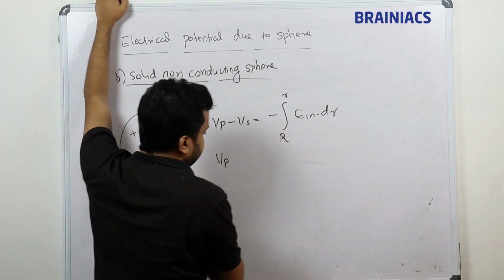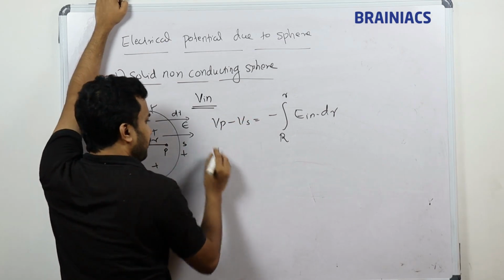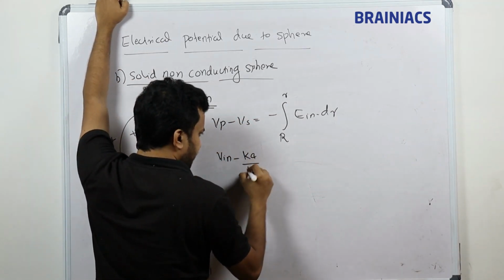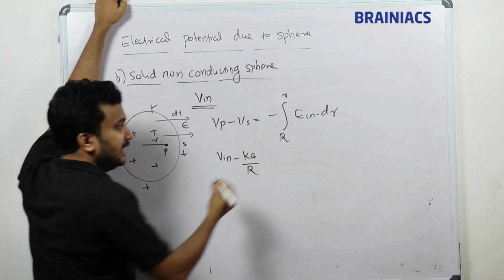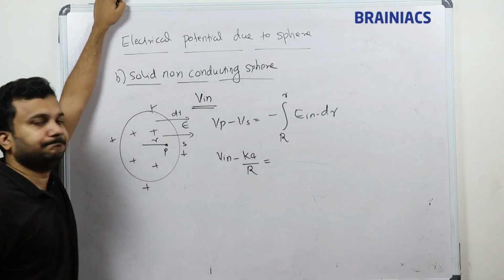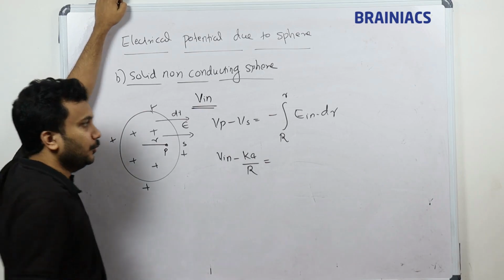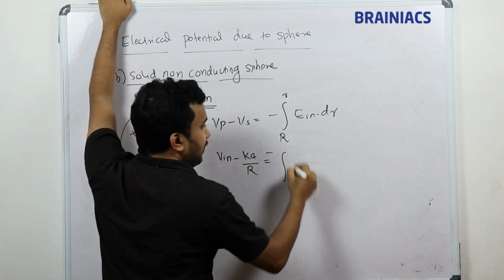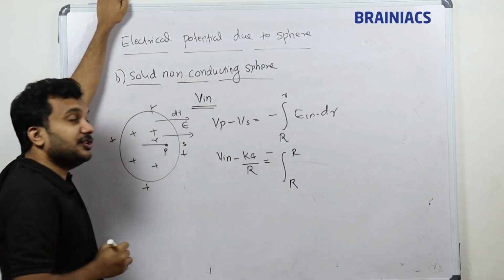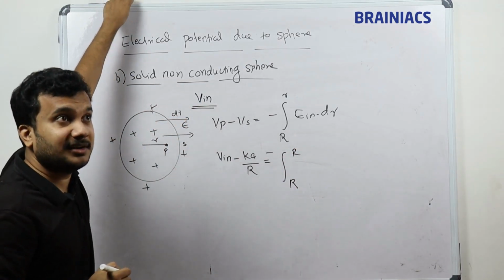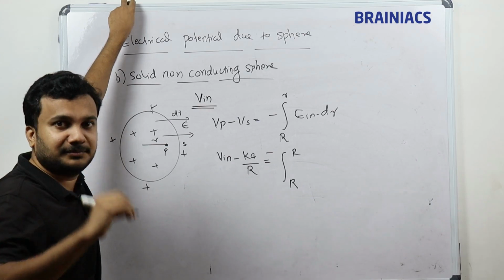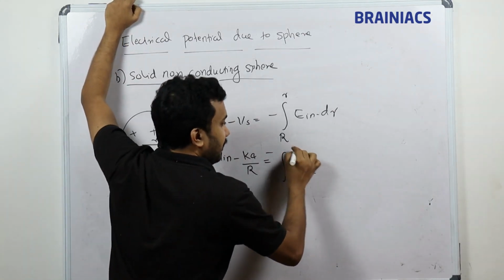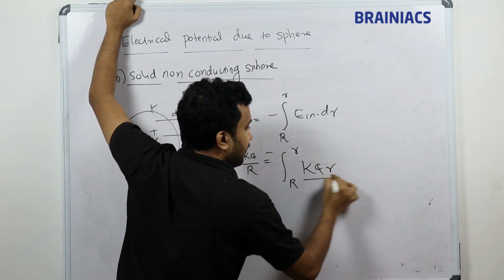Vp is the potential inside, minus V surface, kq divided by capital R, is equal to the integral from capital R to r of the electric field intensity. What is the electric field intensity for a solid non-conducting sphere at an inside point? Remember the value: kq small r divided by R cube.